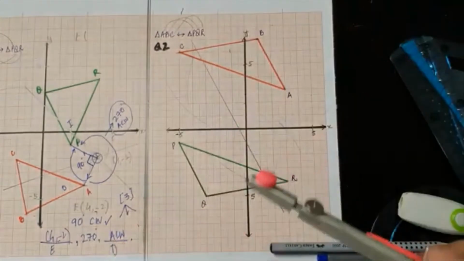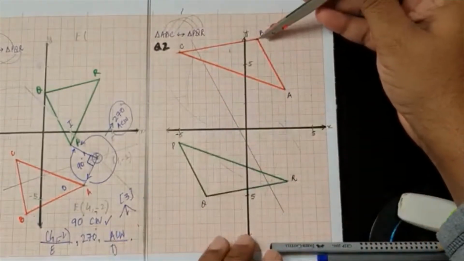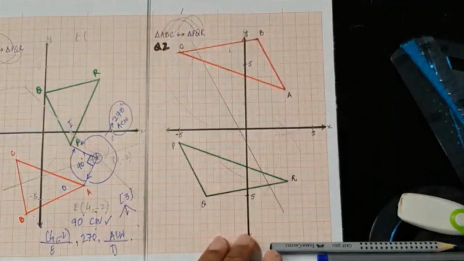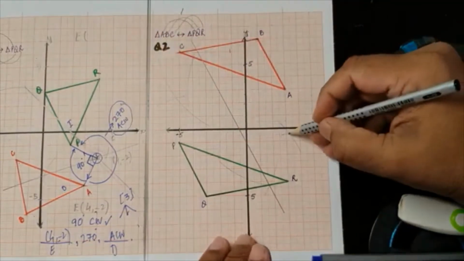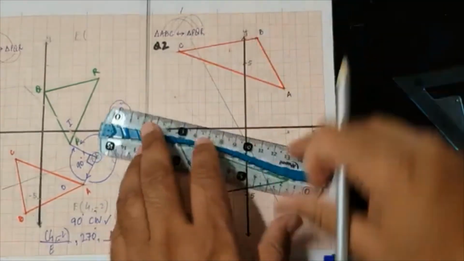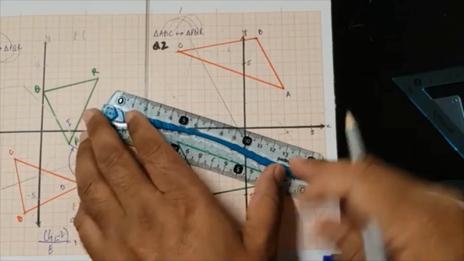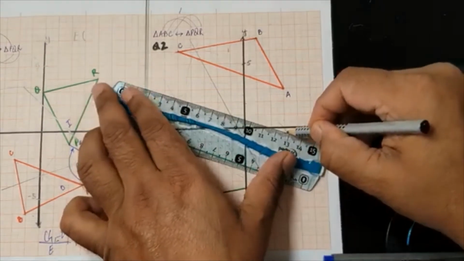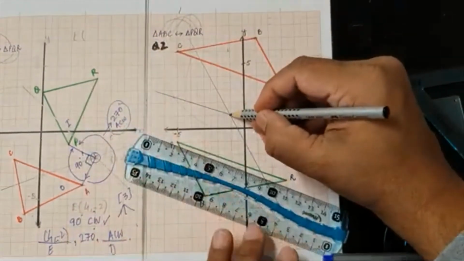So there are 2 points. Please practice, because maybe it's not visible, but I'm trying my best. This point and this point. When I join these 2 points, that's the perpendicular bisector between B and Q. And this is the center.